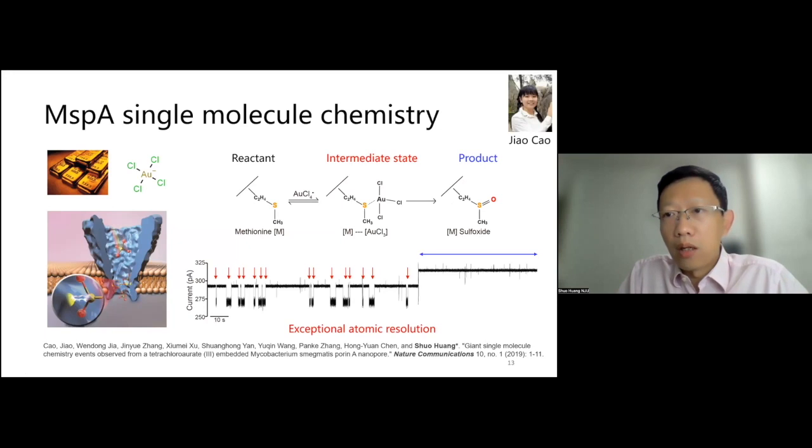Why I'm talking about this is because it is the first discovery of this nanopore's property of exceptional atomic resolution. These event amplitudes are extremely large, because it has a wide opening which focuses on this spot, amplifying your event amplitude. So it has very good resolution.